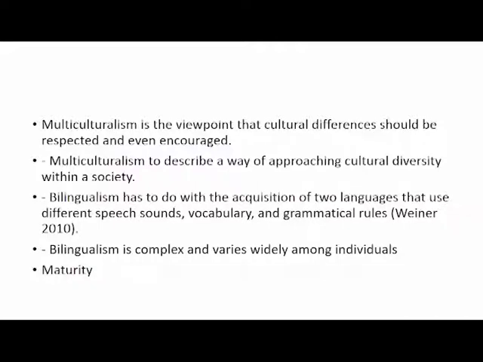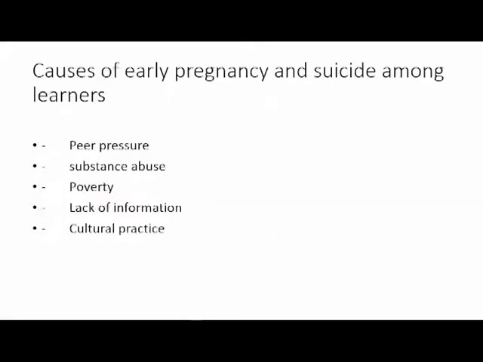You look also at what maturity is all about, and we look at the causes of early pregnancy and suicide among learners. What are the causes of early pregnancy and suicide among learners? You need to look at those things, like peer pressure, substance abuse, poverty, lack of information, cultural practice, and there are so many other factors that cause early pregnancy and suicide among children or among our learners.